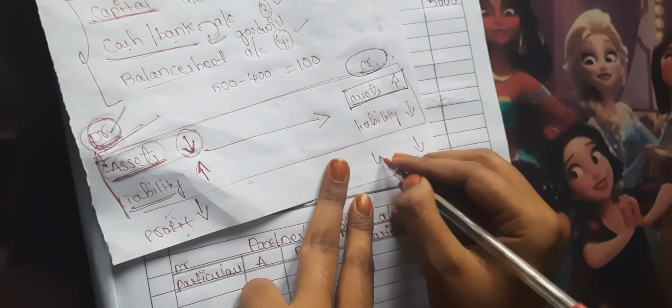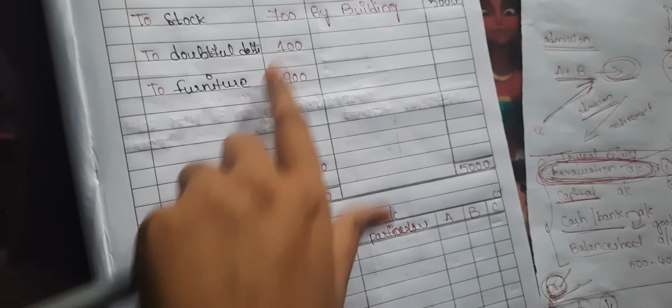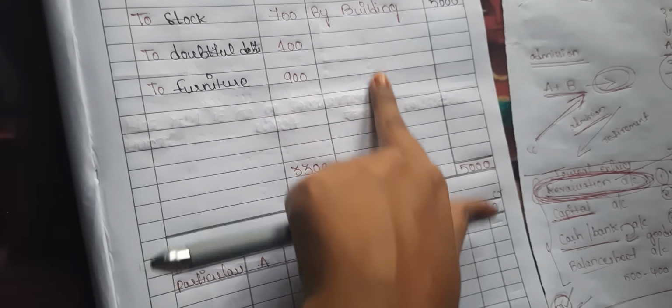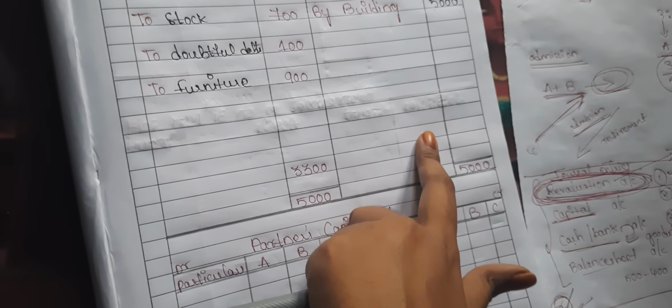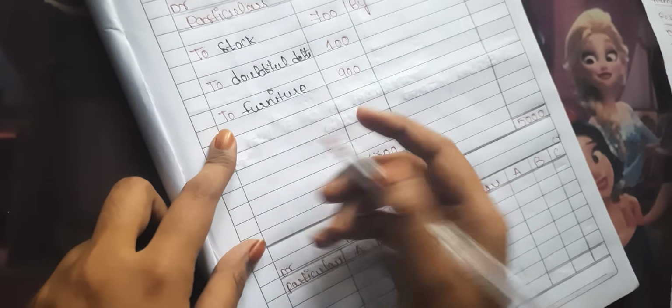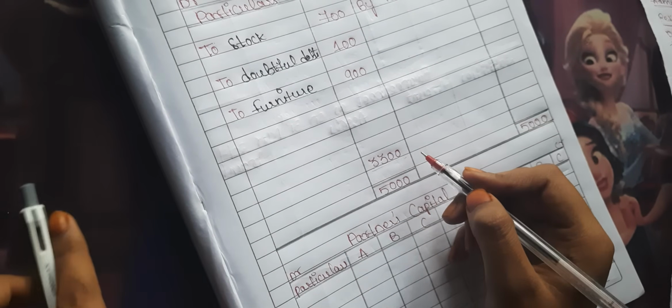If credit side is lesser it is loss. Here debit side is less, that is why it is profit. Here if credit side is less we will be considering it as loss. Okay, so what we need to do now? We need to distribute this profit among the partners.